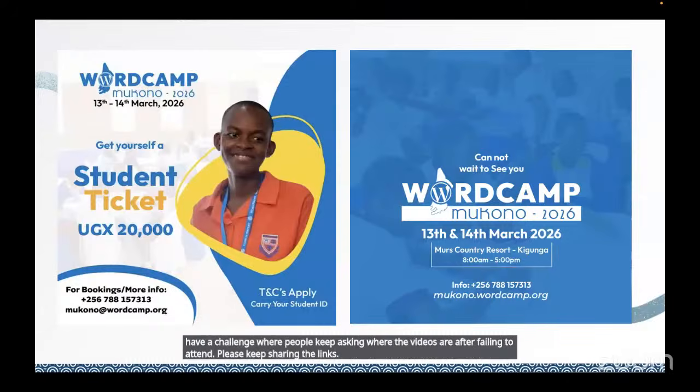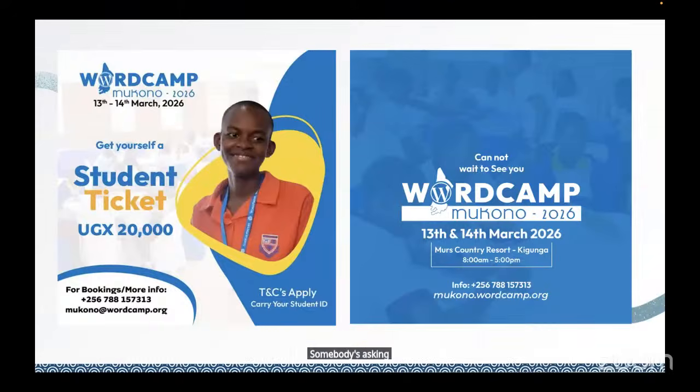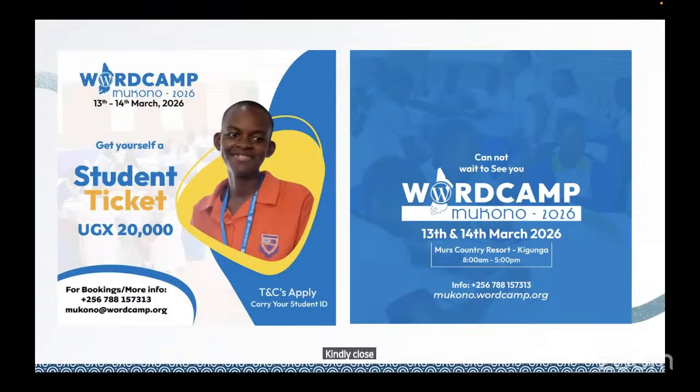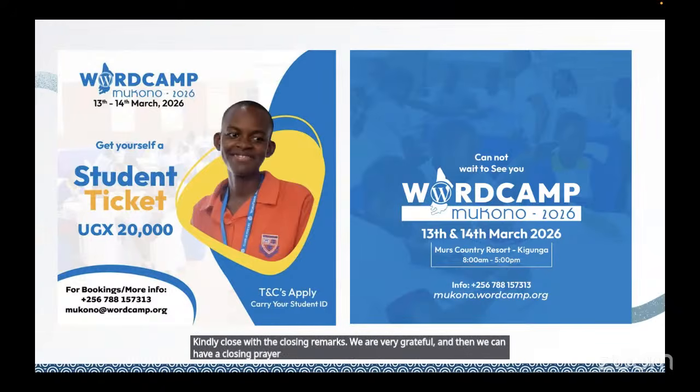Mr. Dumba, over to you if there are any closing remarks. I've seen a number of concerns in the chat. Somebody is asking for workshops in the West Nile. And since you are even the national coordinator, kindly close with the closing remarks. We are very grateful. And then we can have a closing prayer and meet next week.